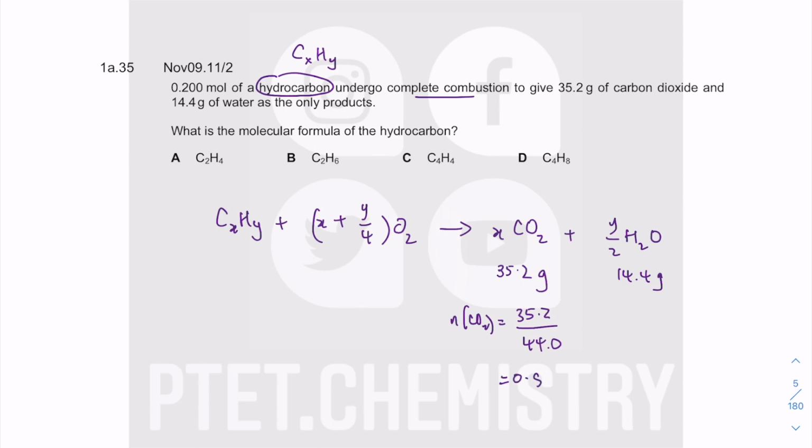And I get 0.8 mole. And the mole of H2O, because I'm given the mass, is the mass divided by the Mr of H2O. So 1.0 times 2 plus 16.0 will give you 18.0. That also gives me 0.8 mole.